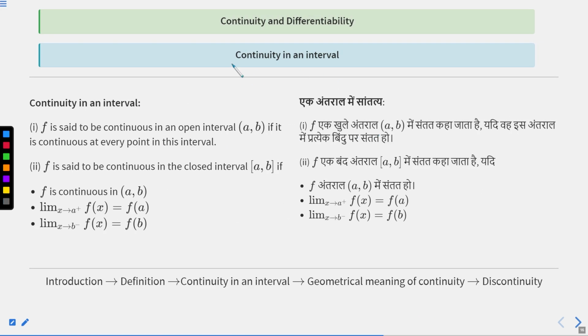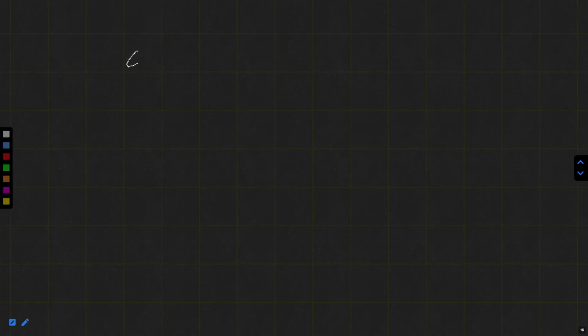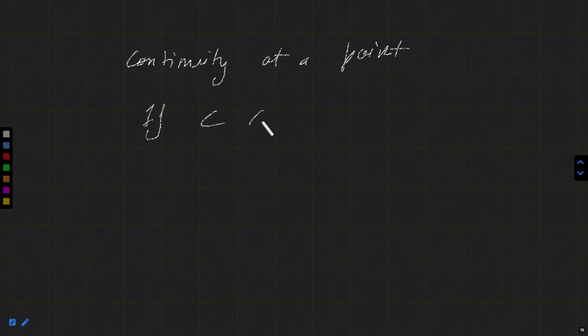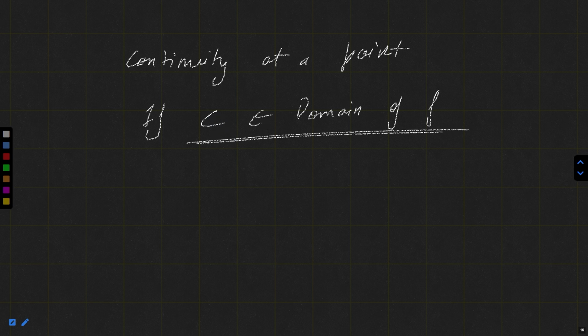Now, continuity in an interval. So far we have talked about continuity at a point. Continuity at a point says that if c belongs to the domain of f, and this point must be clear, that we always take a point from the domain, we would not be talking about outside the domain.